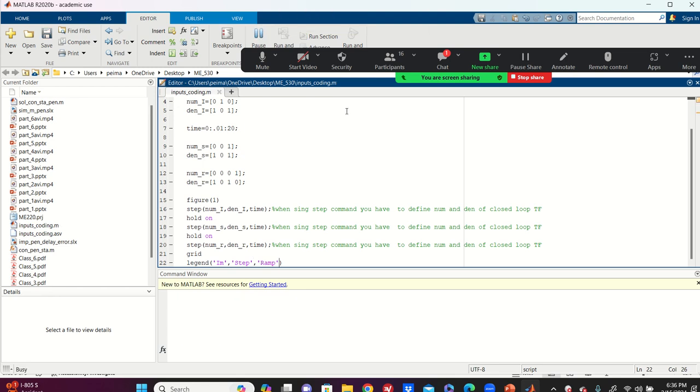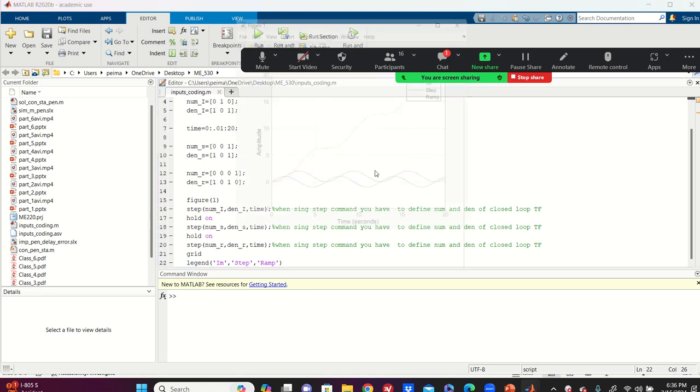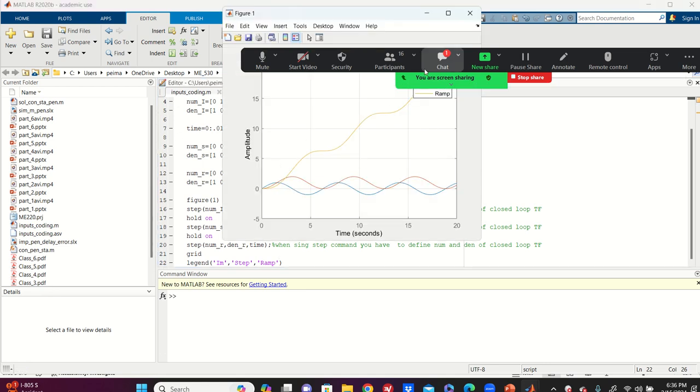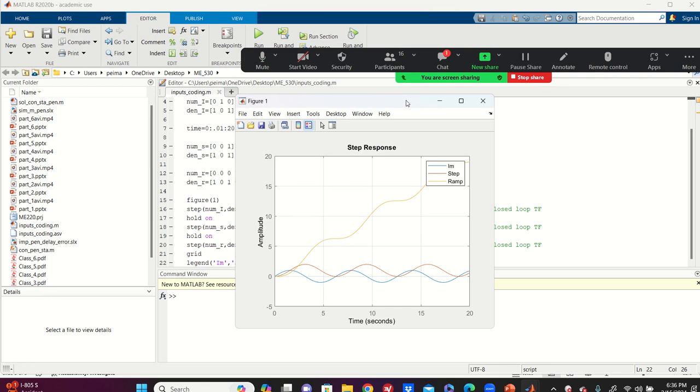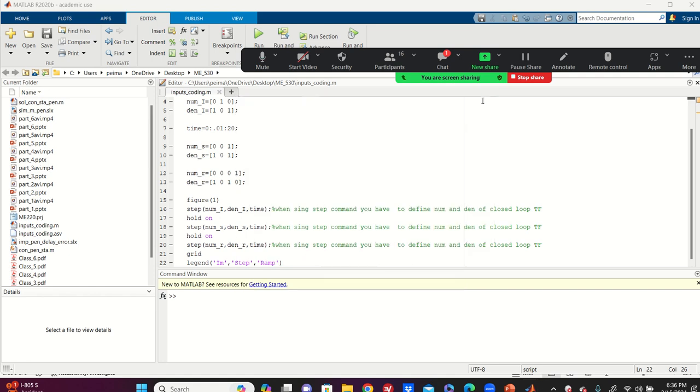If I run it, here we go. See, we saw in the Simulink. Remember, guys, in the Simulink, this is for ramp. Did you see it? Everybody? Yes? Good.